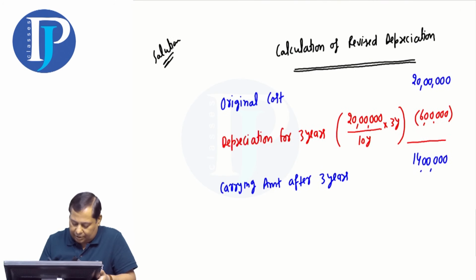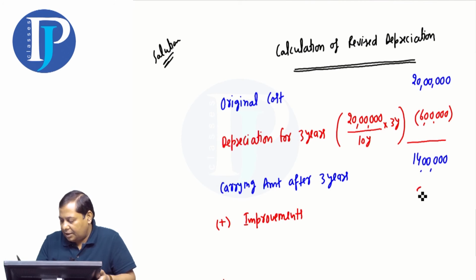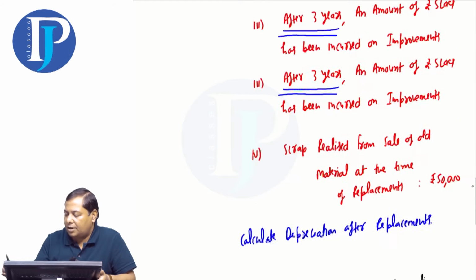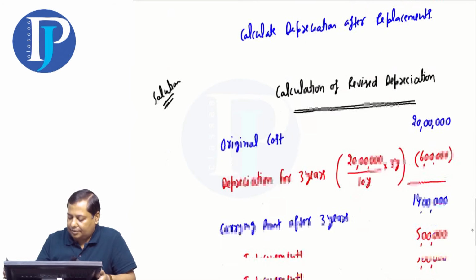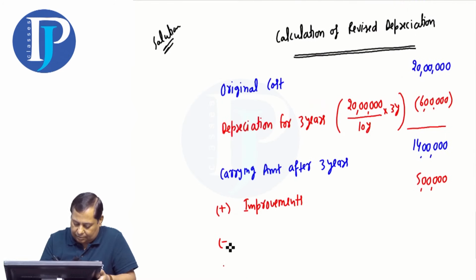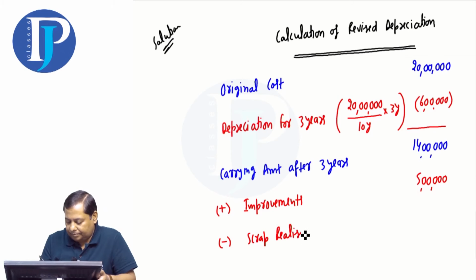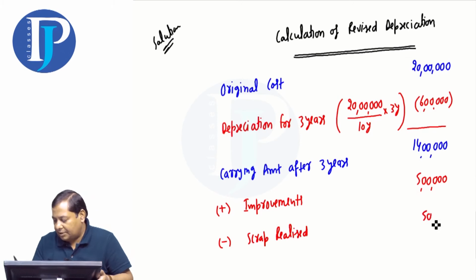Okay. I will add improvements. How many rupees of improvements have we made? We have made improvements worth 5 lakh rupees. And deduct scrap realized, which is worth 50,000 rupees.